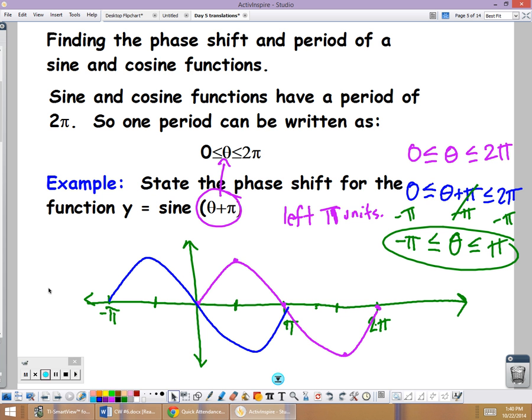I took this graph, the normal sine function, and shifted it pi units to the left. So technically, I don't need to have my original sine function, but I wanted to show you this is really just shifting of that sine function. So this tells me where I start and where I stop. Okay? There was no compression, nothing happened other than just a phase shift.